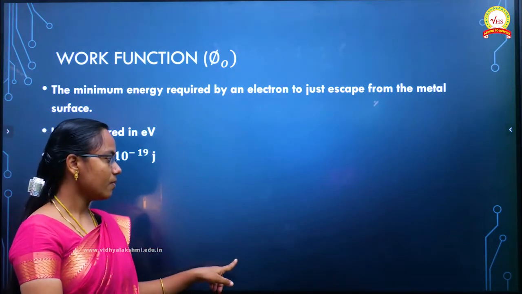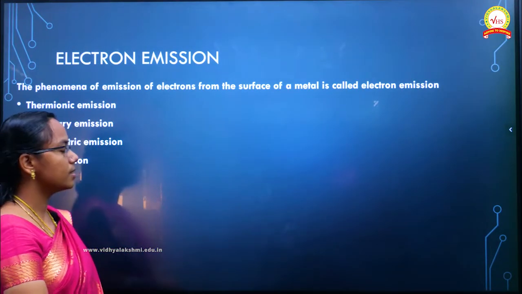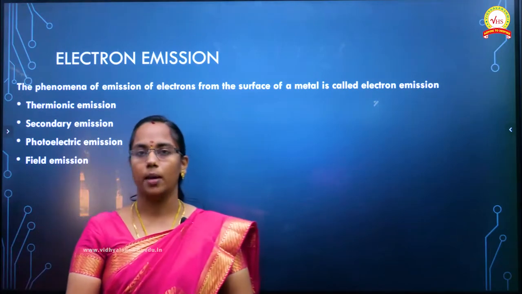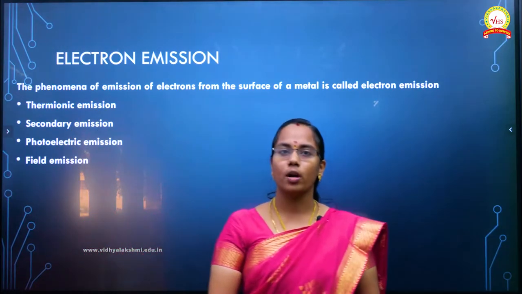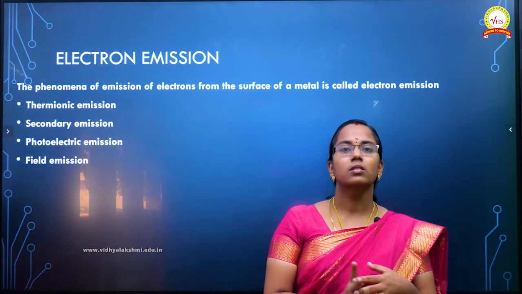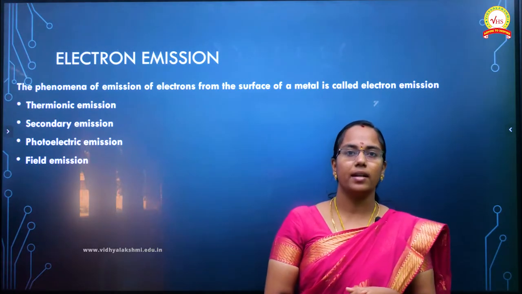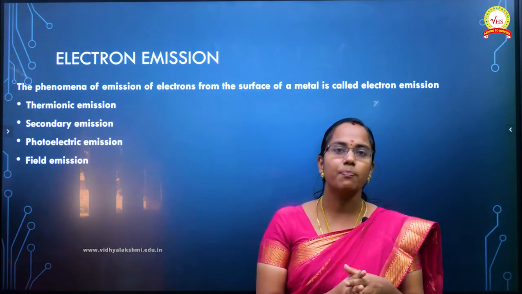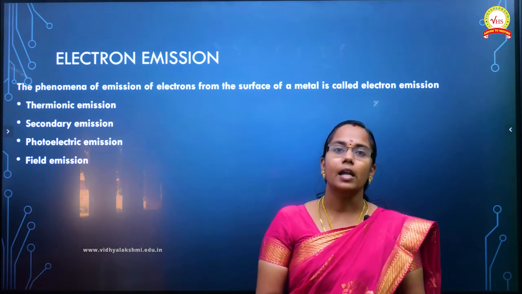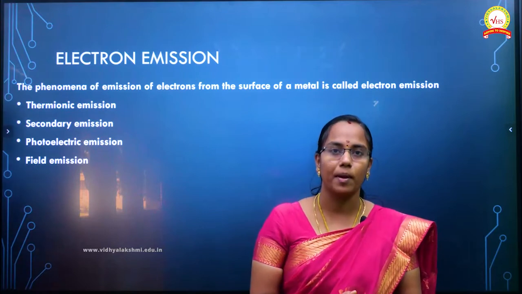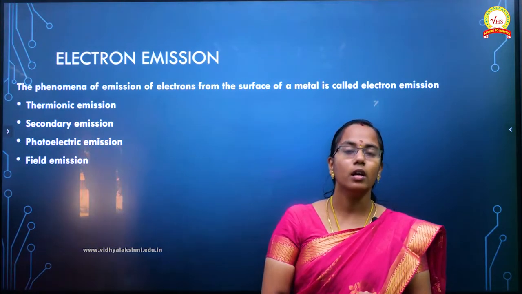Then the next thing we are going to see is electron emission. In work function, we saw that electrons after gaining a certain amount of energy can eject out of the metal surface. That phenomenon where electrons eject out of the metal surface is known as electron emission.